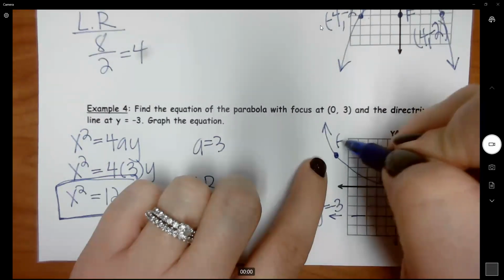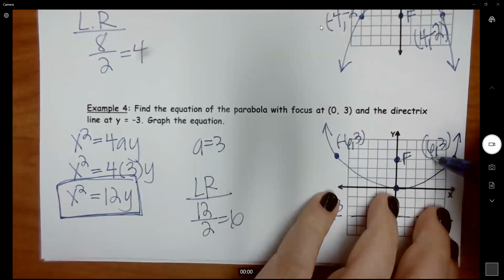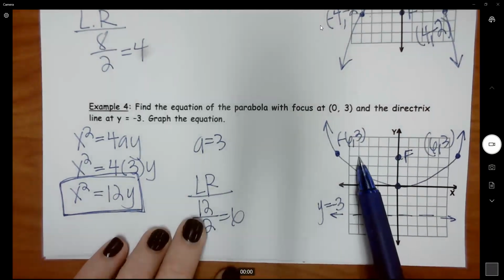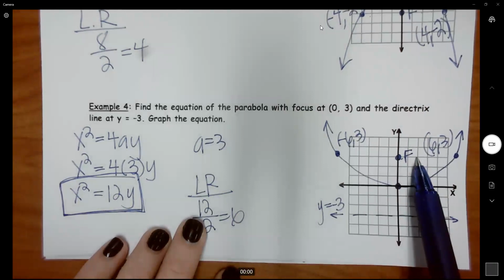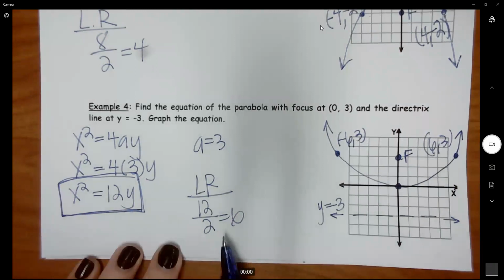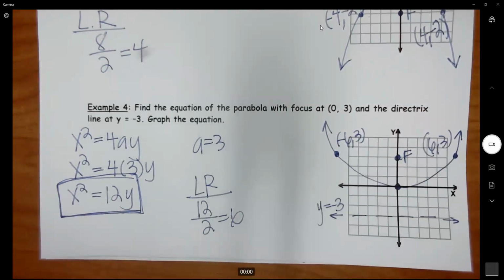This point is (-6, 3), and this one is (6, 3). And now that latus rectum is 1, 2, 3, 4, 5, 6, 7, 8, 9, 10, 11, 12 units across. I'm again dividing by 2, so from that focus, I know how many to go in each direction.